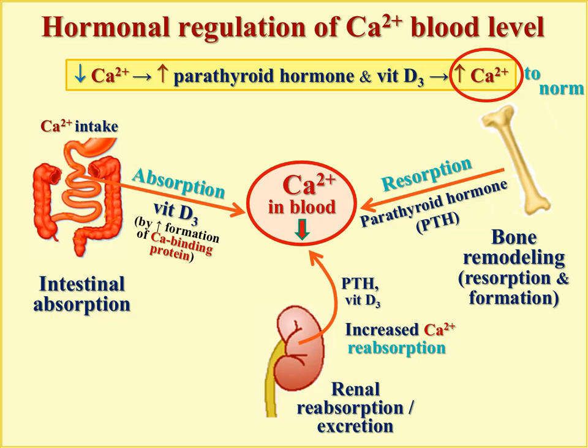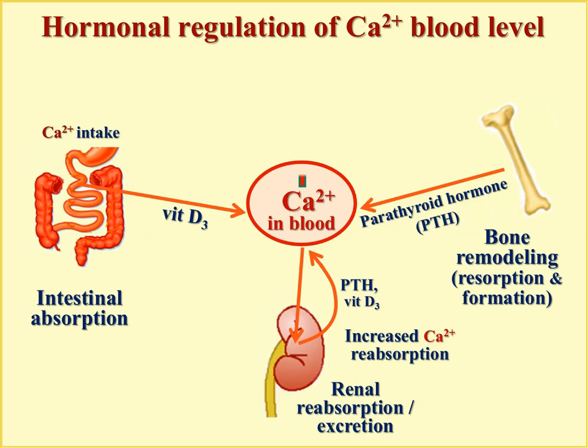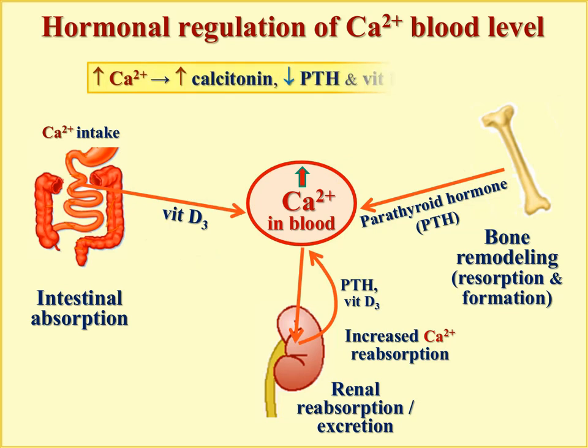Now let's observe the opposite situation, when calcium blood level becomes higher than normal. In this case, opposite reactions occur. Calcitonin is secreted in response to calcium elevation. But maybe the number one effect is decrease of parathyroid hormone secretion and formation of vitamin D3.